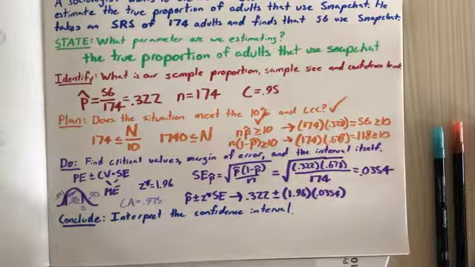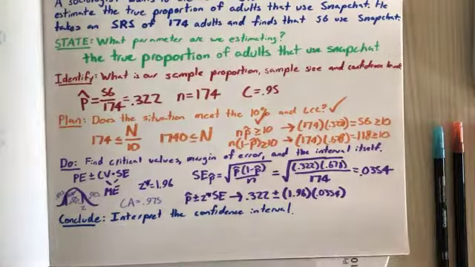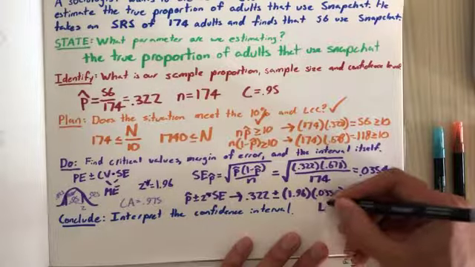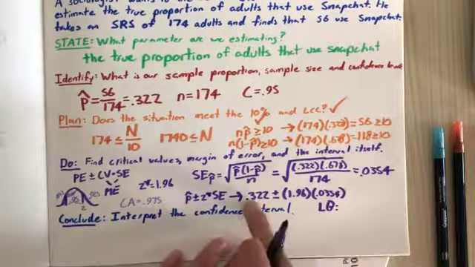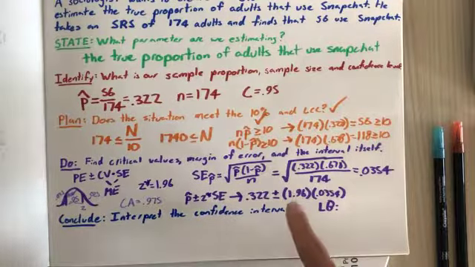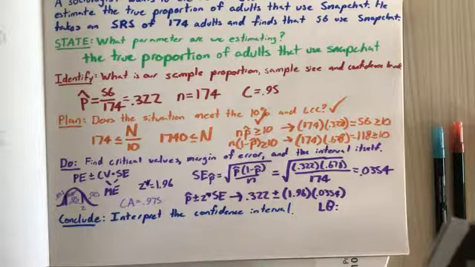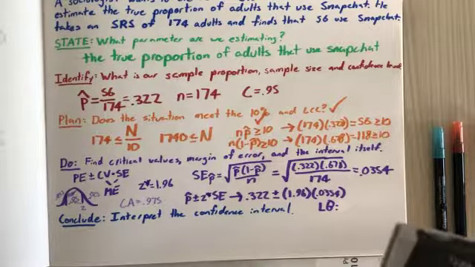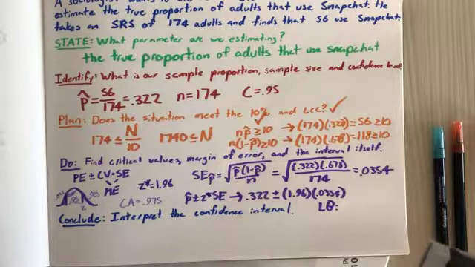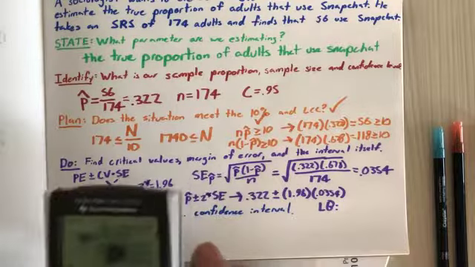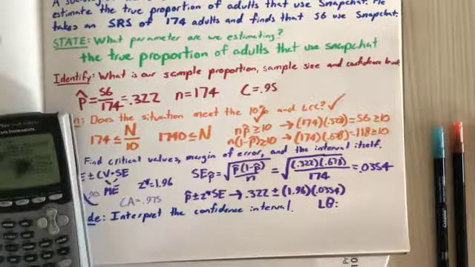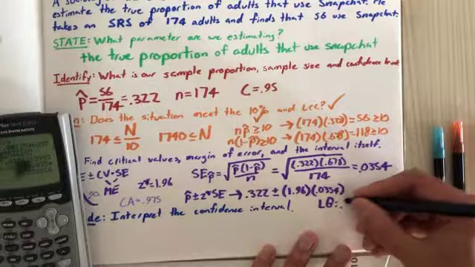So we want to calculate the lower bound, which I'll denote with LB. Our lower bound is going to be 0.322 minus this product of those two numbers. So we have 0.322 minus 1.96 times 0.0354. Be careful with your parentheses when you're doing this. So our lower bound is going to be 0.253.